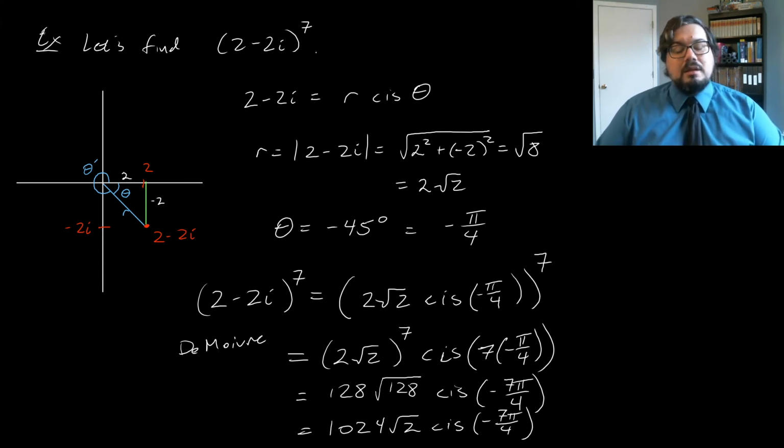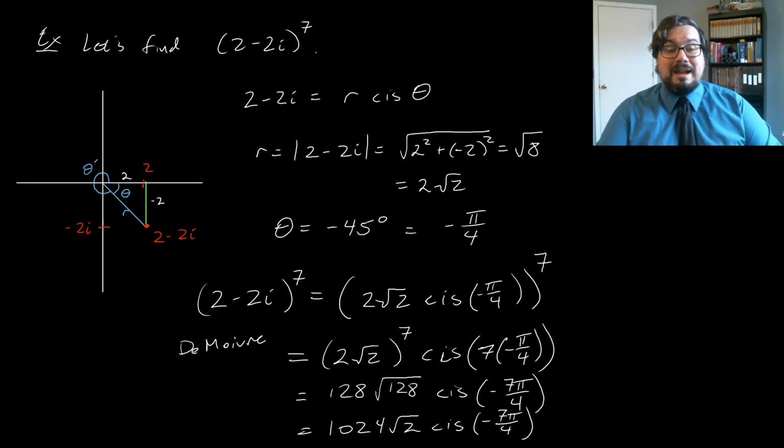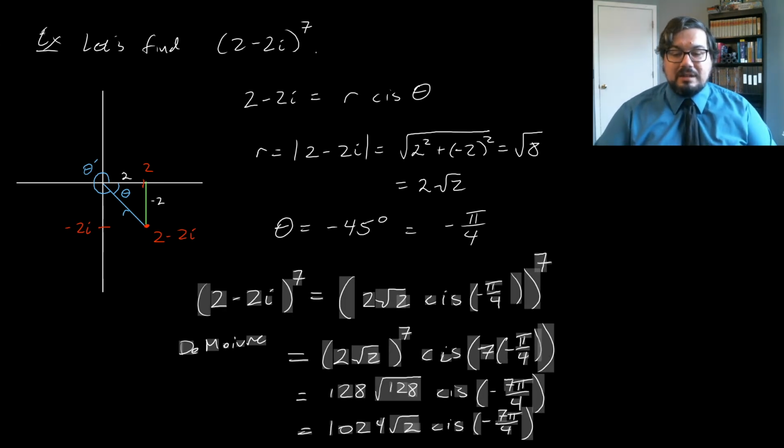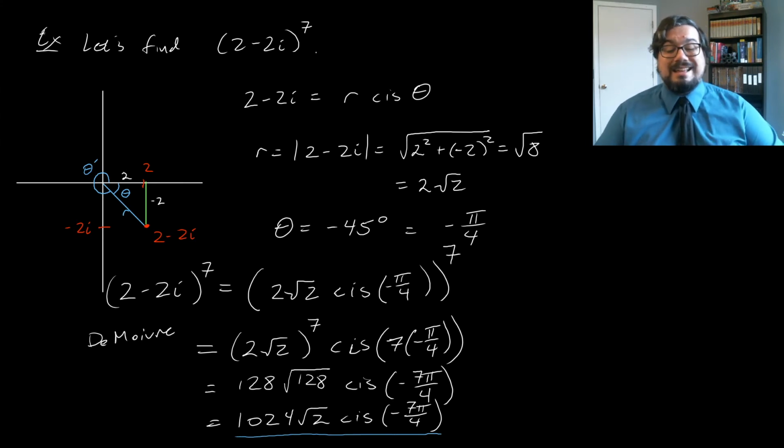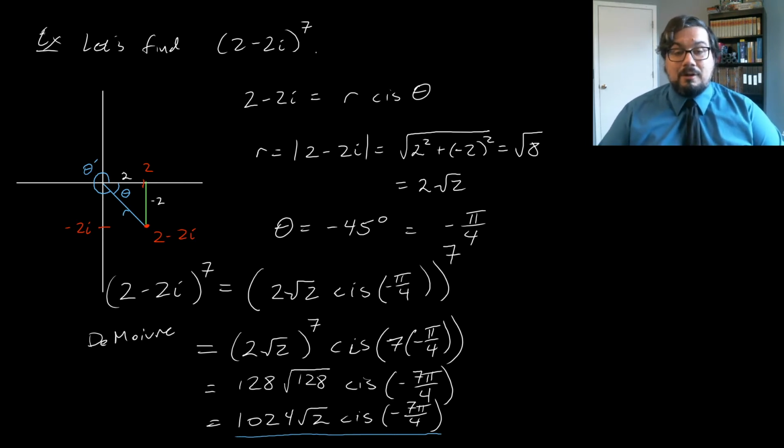Now, the original problem was given to us in rectangular form. We were given 2 minus 2i, and we're trying to find a power of it. Typically, when a problem is given to you in a form, you should give your answer back in that form. Thus, this answer, 1024 square root of 2 times CIS negative 7 pi over 4, while not incorrect, is not really the ideal solution form.